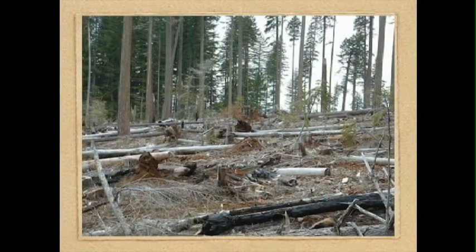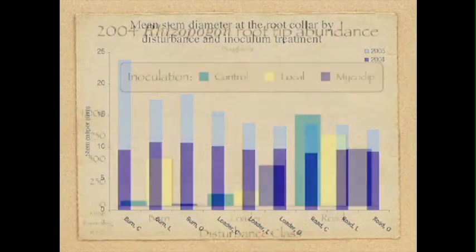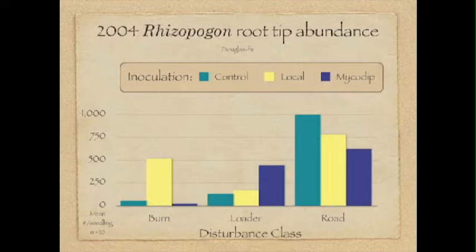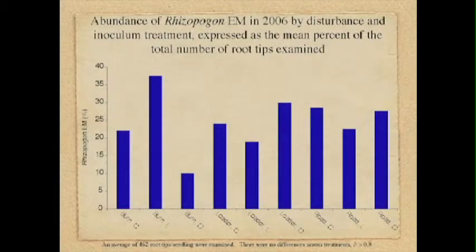This is the site that they were planted onto. It's a green tree retention site incorporating both aggregate and dispersed retention. The dispersed retention was probably about 15%. It was considered a regeneration harvest, and there were burn piles. And I'll just click through some of this here to get at the final conclusion.